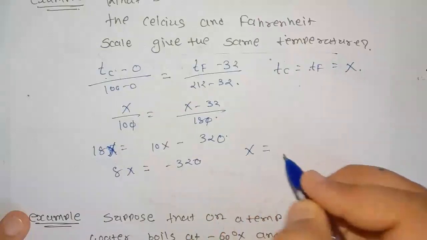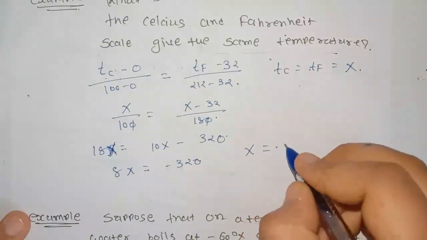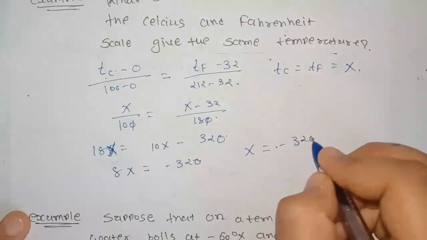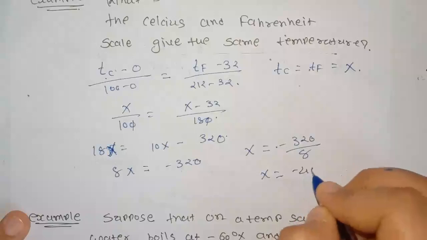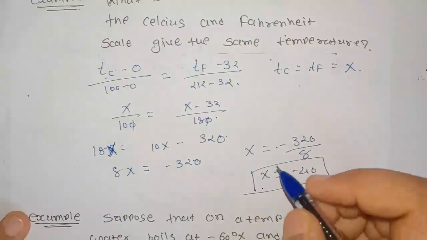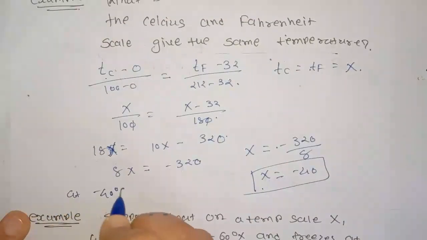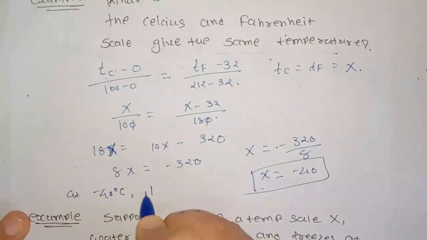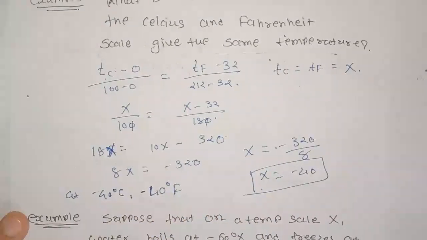So x will be equal to minus 320 upon 8. So x will be equal to minus 40. So at minus 40 degrees Celsius, the Fahrenheit reading is also minus 40 degrees Fahrenheit.